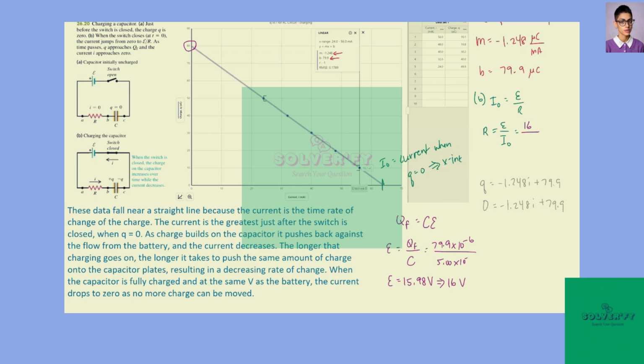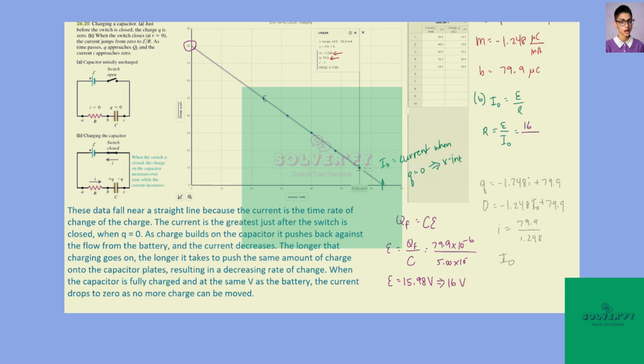So I'll plug in 0 for charge, and then rearranging, I'm going to get that current I is 79.9 divided by 1.248. And this is again going to be my I naught. I really could change it here in this level to be I naught.